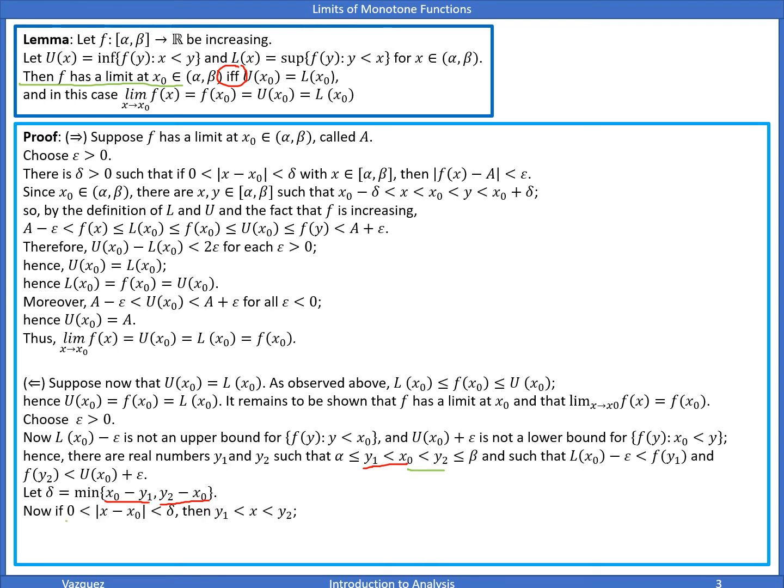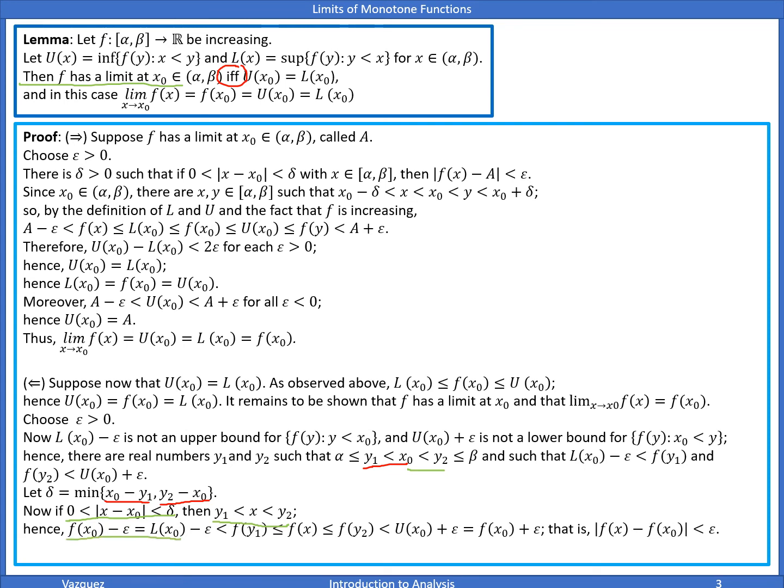Now, if delta is greater than x minus x naught, then this should hold. So f of x naught minus epsilon is equal to L of x naught minus epsilon, which is less than f of y1, less than or equal to f of x, less than or equal to f of y2, which is less than u of x naught plus epsilon.